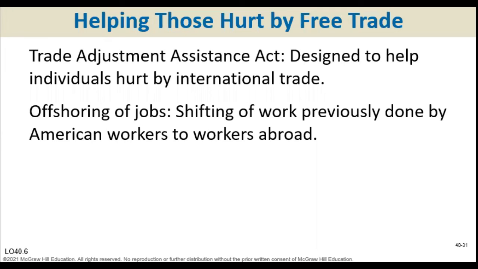The act provides financial assistance beyond unemployment benefits, relocation allowances, and retraining services. Critics argue that helping one small section of workers is not fair to other workers who also lost their jobs for a variety of reasons.